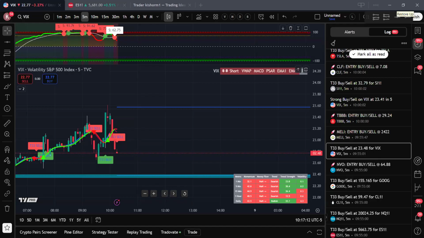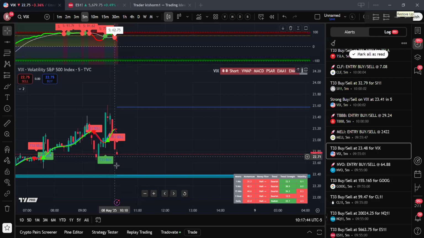Okay. You're getting VIX 24 puts for May 13th. So you can see, right? You got a short. Everything is red here. It went all the way to the top. You got a sell signal.